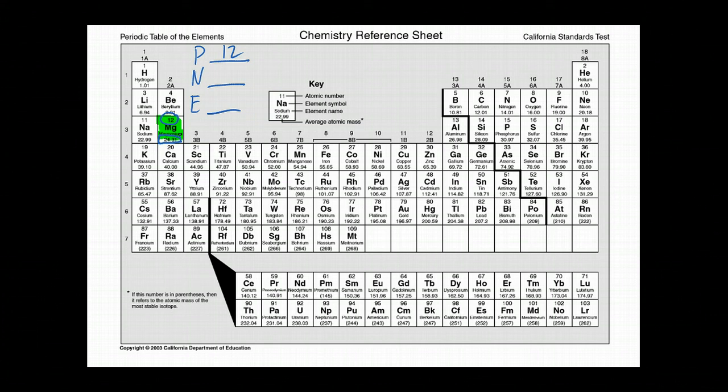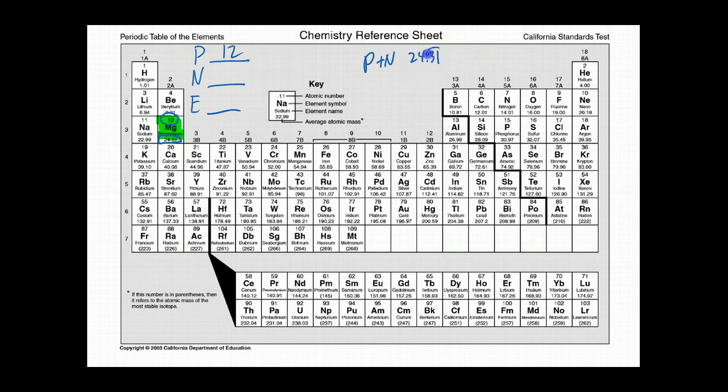For whatever element that is, scientists have taken all of the atoms of that type and averaged the number of protons plus neutrons. Normally, to figure out what your average magnesium atom is going to look like, you take that number and round it to the nearest whole number.